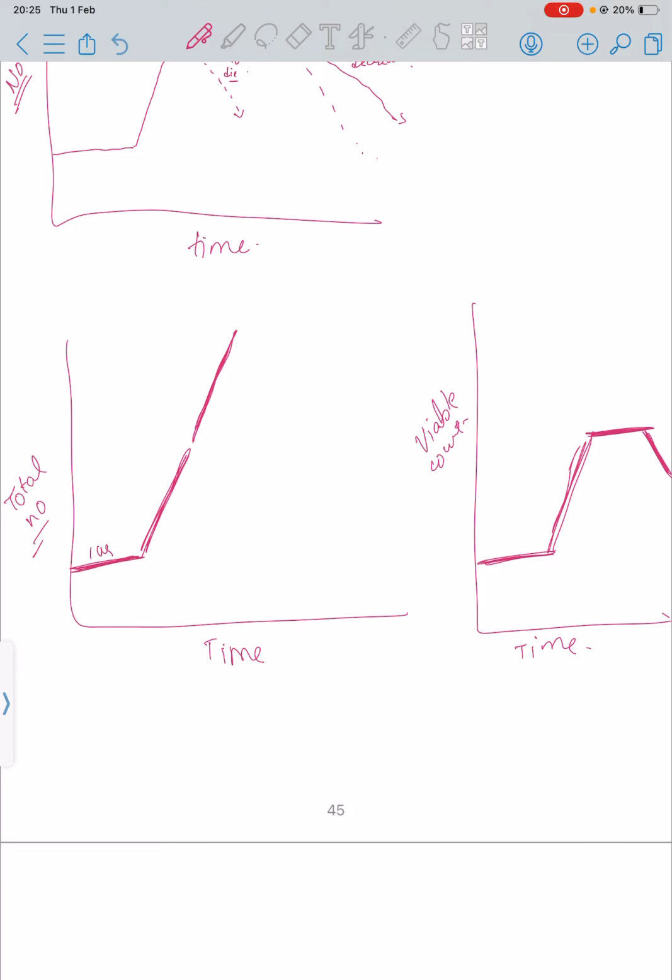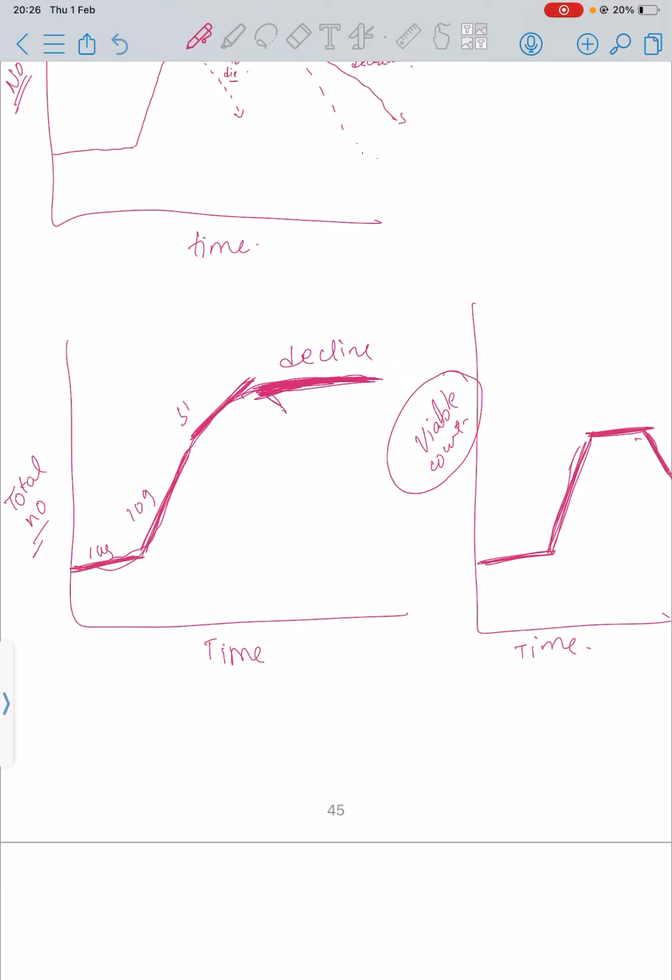This is lag, log, stationary, then decline. Why is this a straight line? Because no new bacteria are getting formed in decline phase. So if you see the total number of bacteria, the growth is like this, but if you see the viable count, the growth is like this.